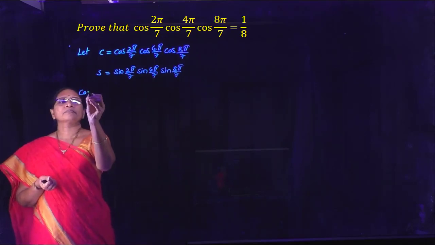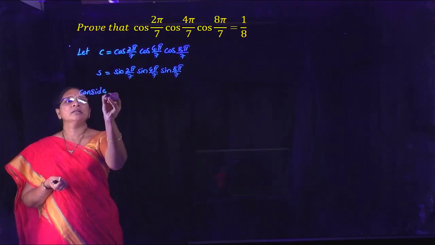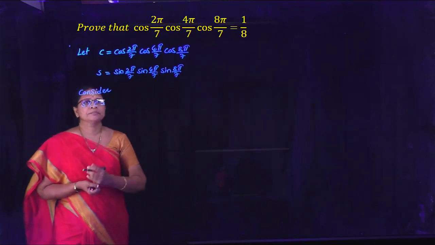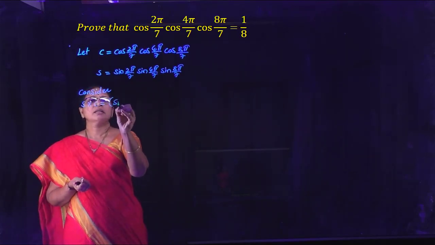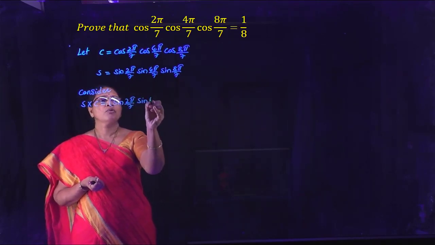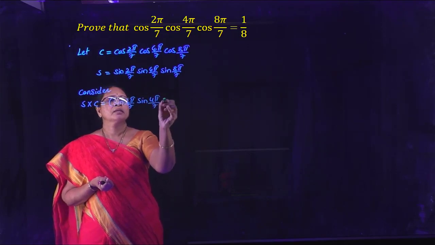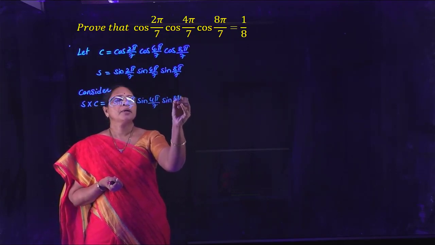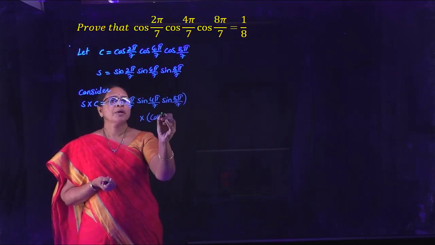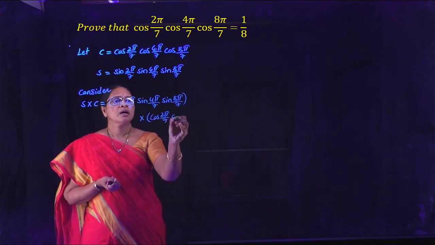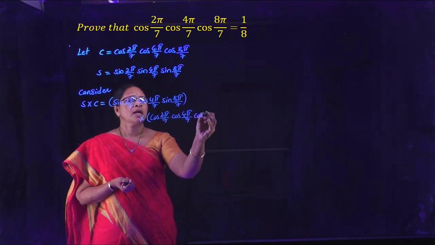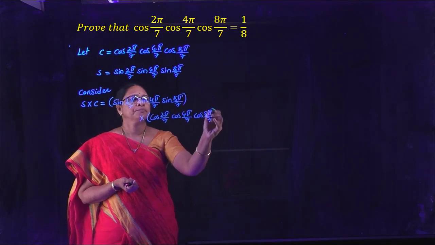Consider S into C. That is sin 2 pi by 7, sin 4 pi by 7, sin 8 pi by 7 into cos 2 pi by 7, cos 4 pi by 7, cos 8 pi by 7.